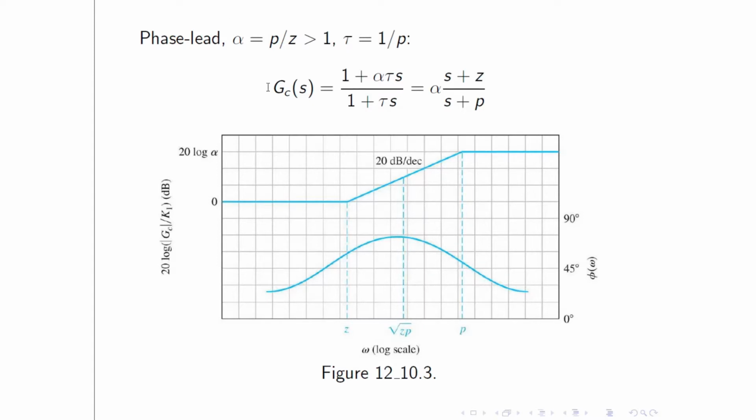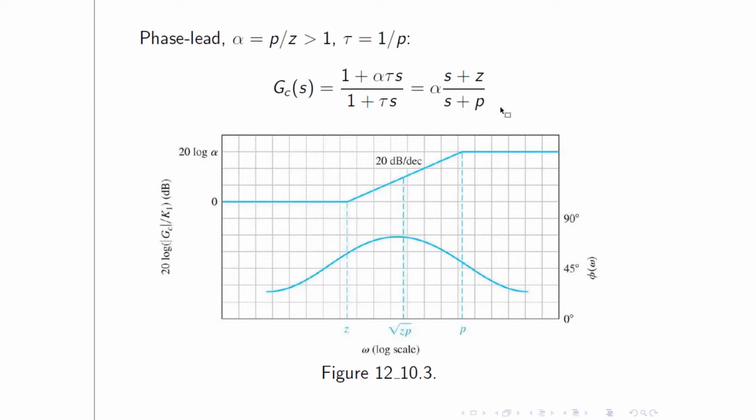Now, in the procedure for designing a phase lead compensator, we specifically use this form of the definition of a phase lead compensator. Of course, one should understand that anything that looks like this but multiplied by some other constant or gain is still a phase lead compensator.